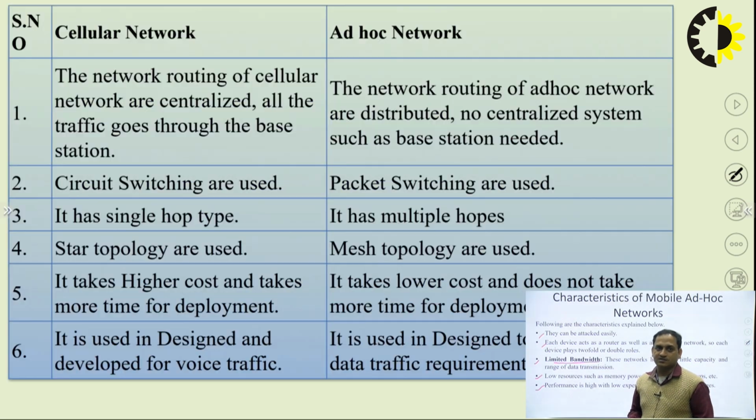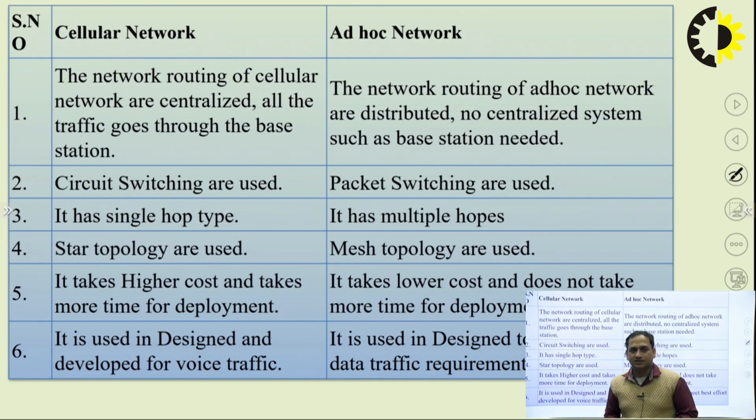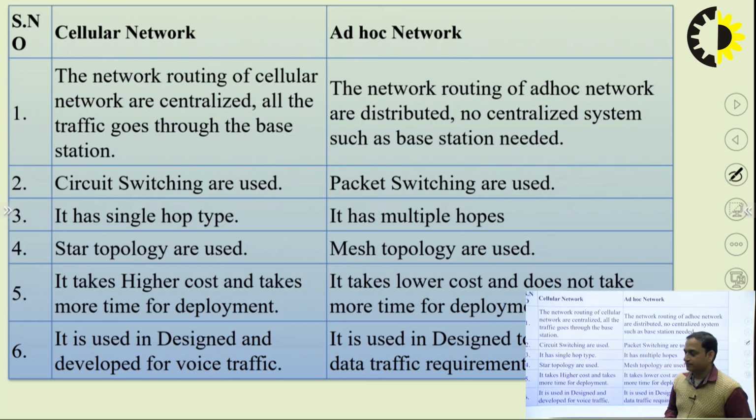the MANET system. So there are differences between cellular networks and ad hoc networks. In the cellular system, as we are very much aware, we have one base station, and this base station generates a cell, and in that cell a number of users are accommodated.